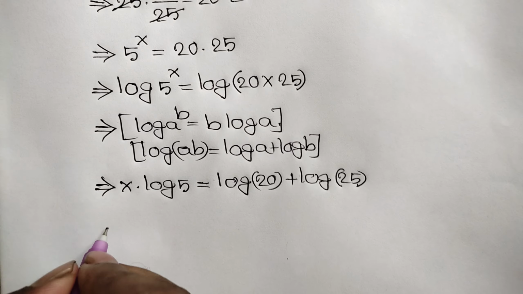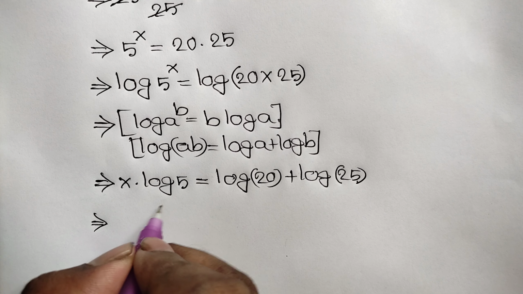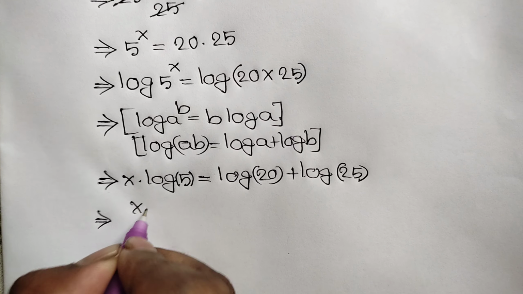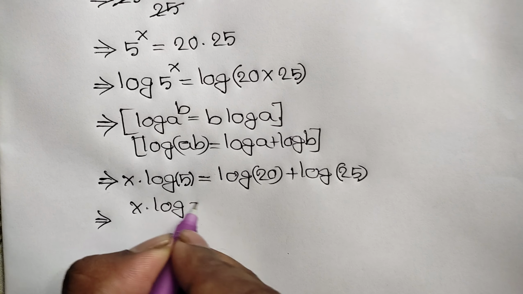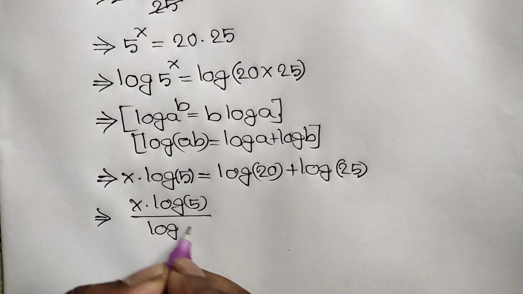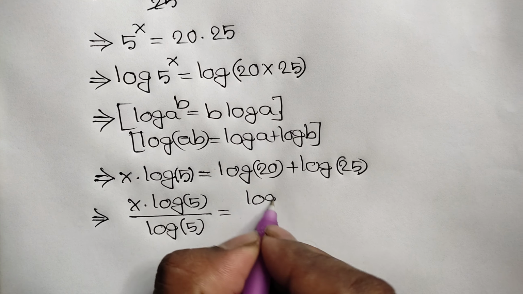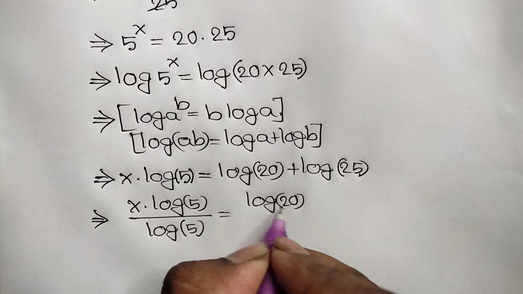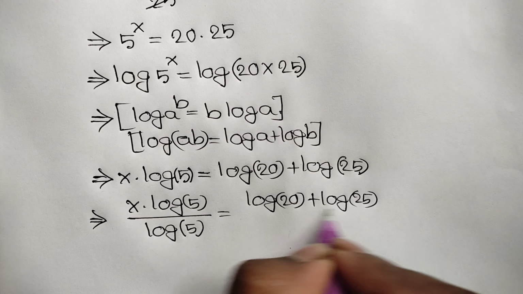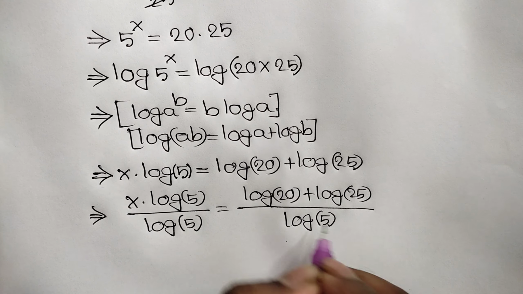Now dividing both sides by log of 5, we can write x times log of 5 over log of 5 is equal to log of 20 plus log of 25 over log of 5.